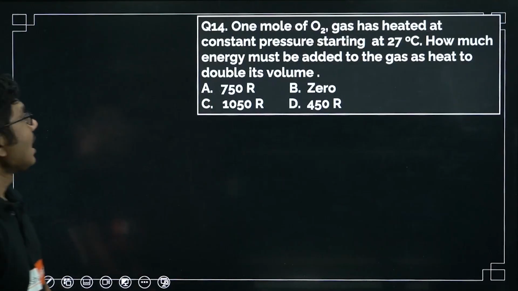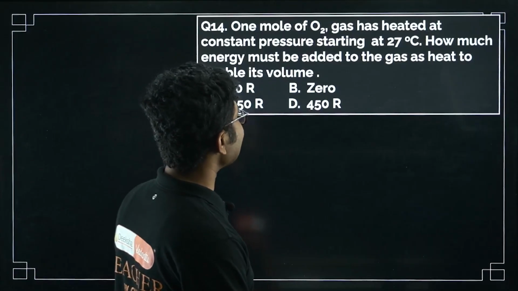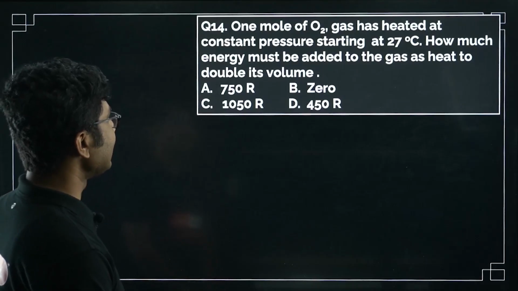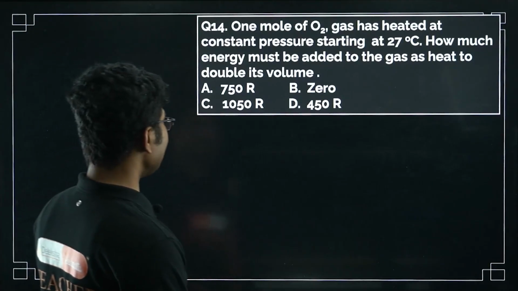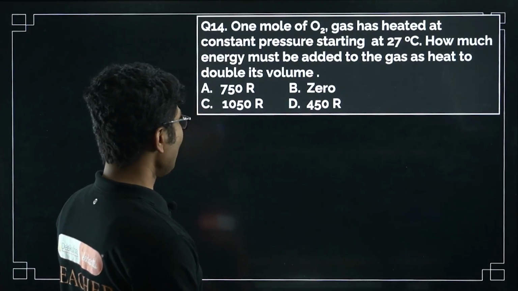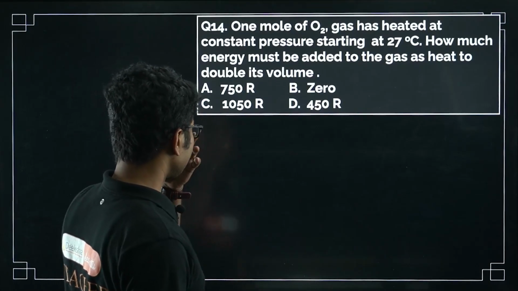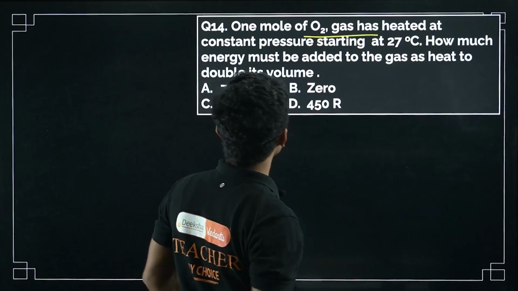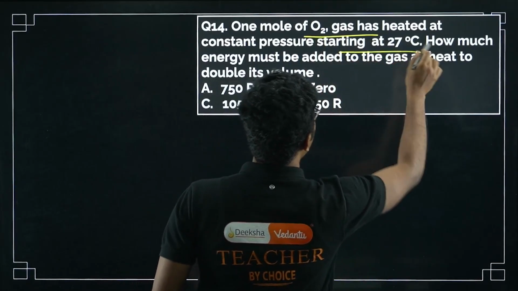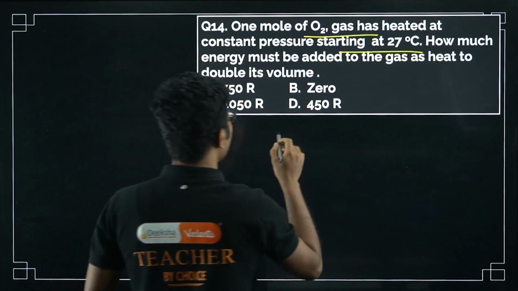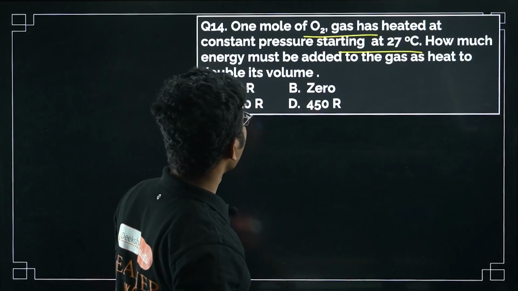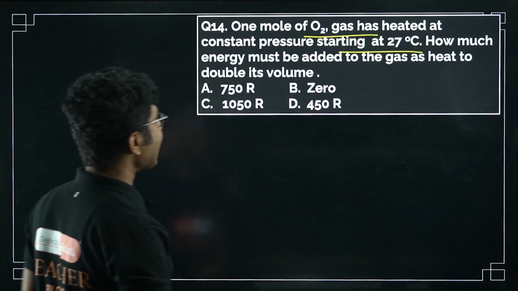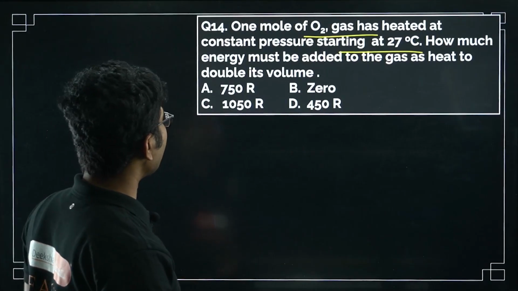Now next: 1 mole of oxygen gas is heated at constant pressure starting at 27 degrees Celsius. How much energy must be added to the gas as heat to double its volume?